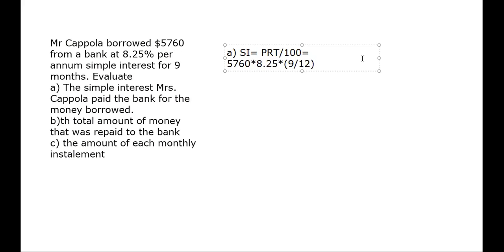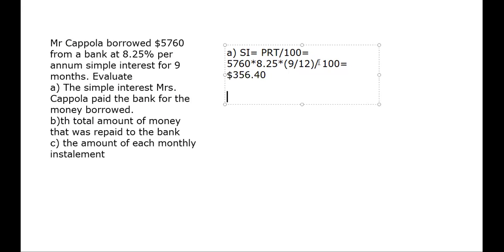All right, so 9 out of 12, so it's still in a yearly format, over 100, and this will be equal to 356.40.